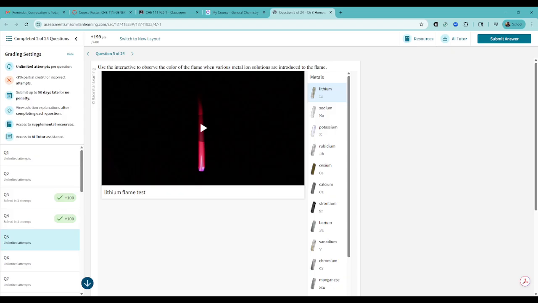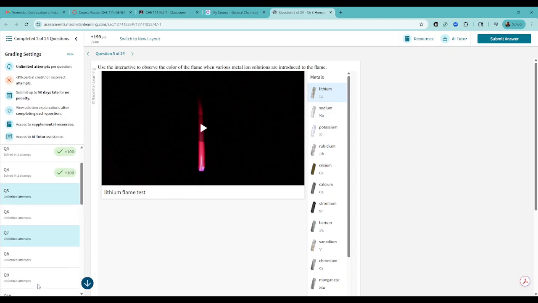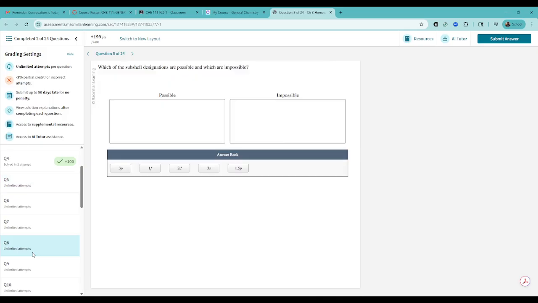So I'm going to skip ahead to problem number 8. These are the hardest ones, if you don't understand what it's asking for. When we put the orbitals in, we start with 1s, then go to 2s, 2p, 3s, 3p, 3d, 4s, 4p, 4d, 4f.